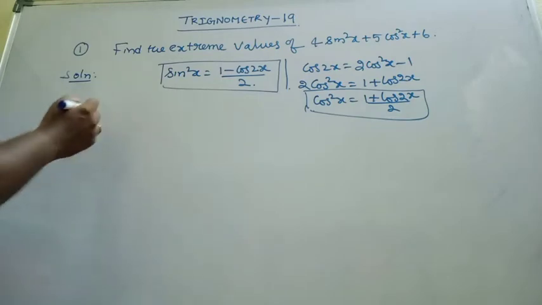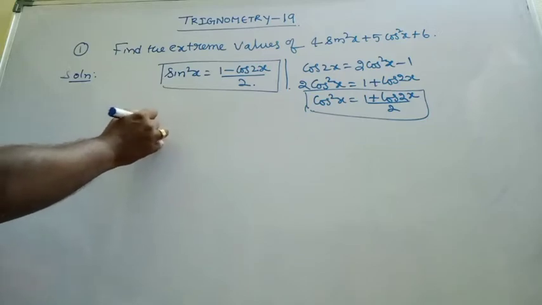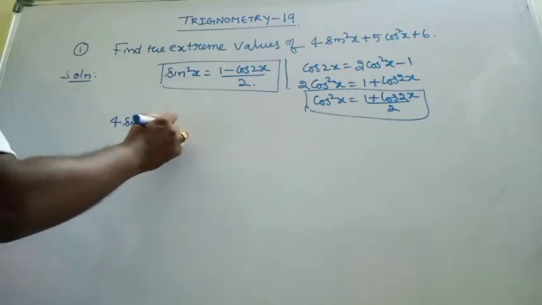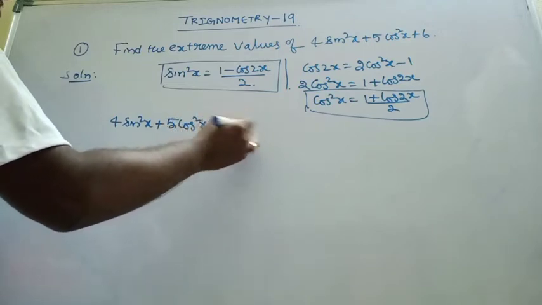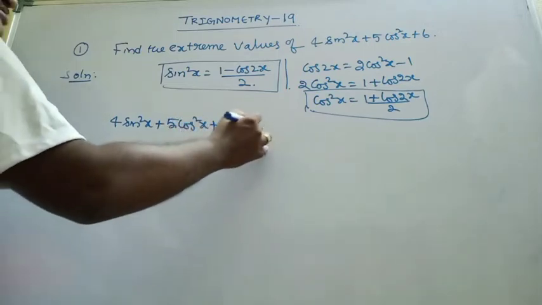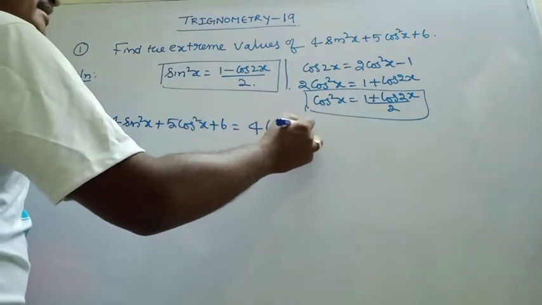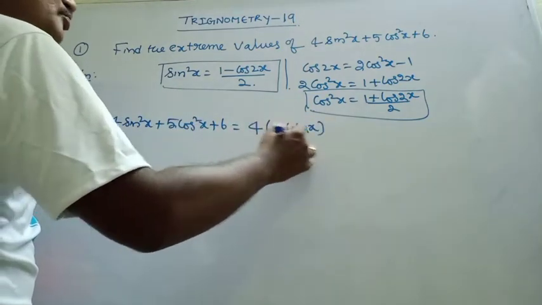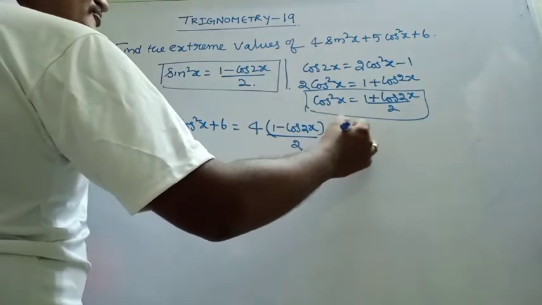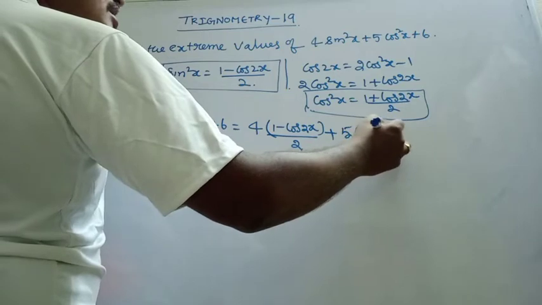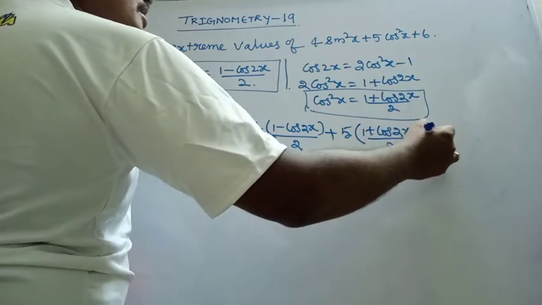Now take 4 sine square x plus 5 cos square x plus 6. Let us replace sine square x by 1 minus cos 2x by 2 with 4 multiplied, plus 5 into 1 plus cos 2x by 2, plus 6.